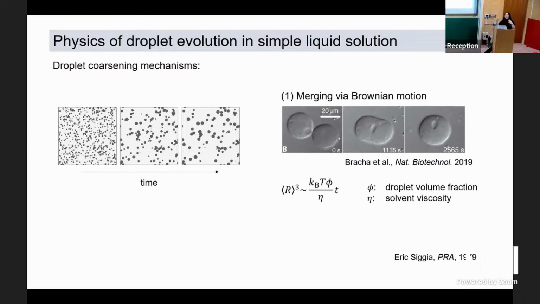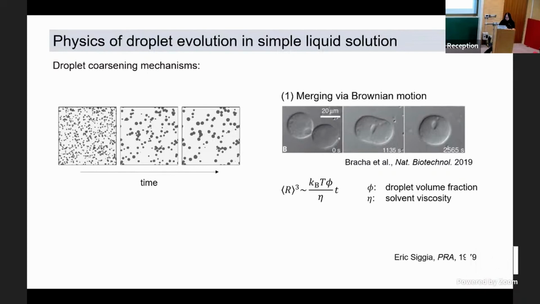The prefactor is big, which means the system will grow faster if you have a large droplet volume fraction, which means the droplets are close to each other, so they can find each other faster. And if you have a small viscosity, which means the Brownian motion is fast, then the droplets will grow fast. Yeah, so it makes intuitive sense.